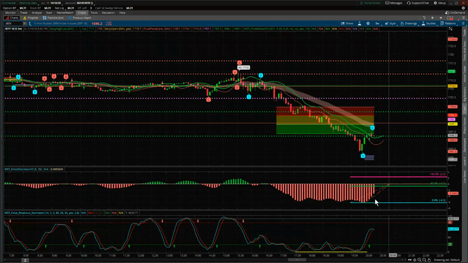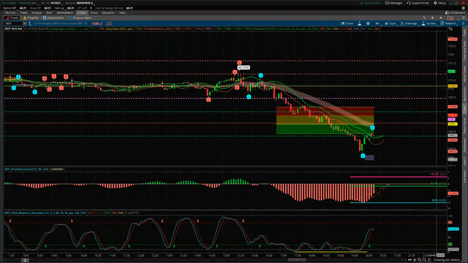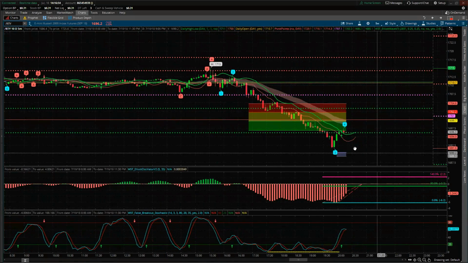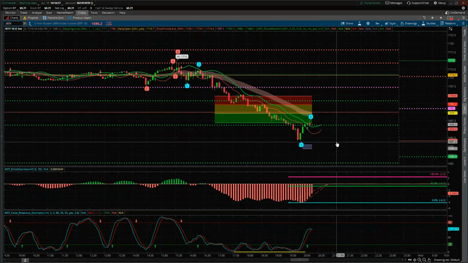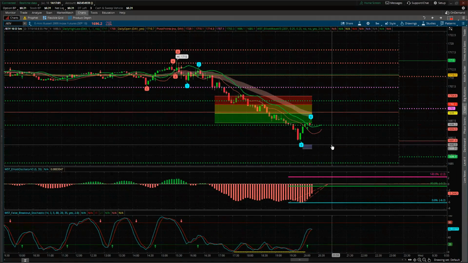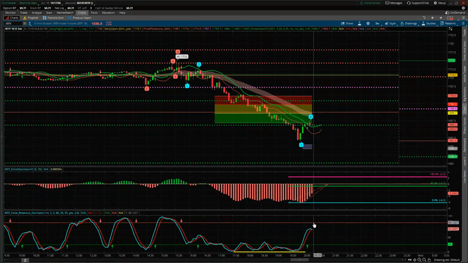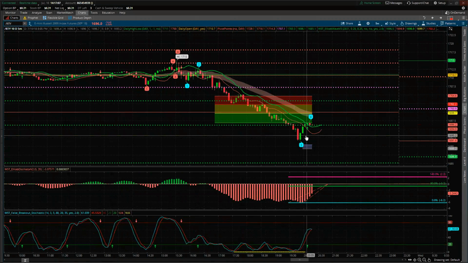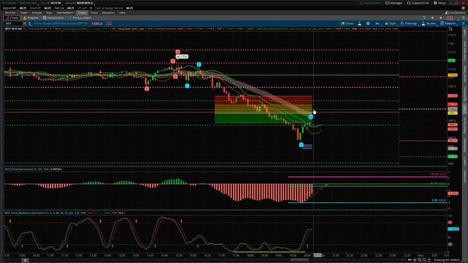So now we're in the second half of the session. Potentially we've got a short on RTY. However, Stochastic's got some more work to do. The wave 4 pullback's got some more work to do really, because the 535 has.